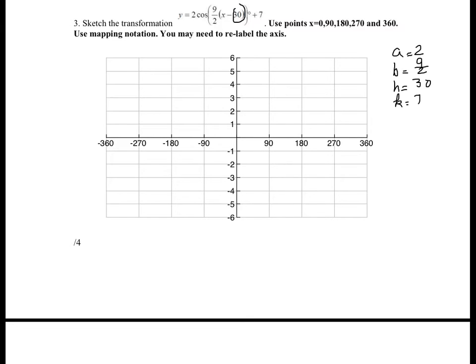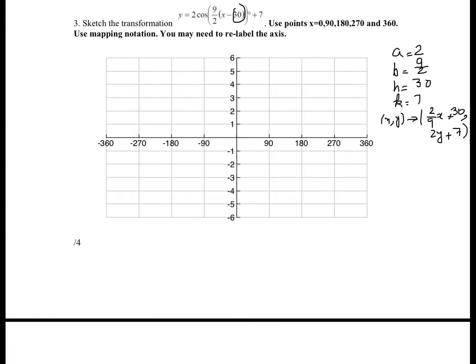This means that the mapping notation (x, y) becomes x over b, so x over 9/2 is 2/9 x, you flip it, plus h, plus 30, comma, y becomes a y, 2y plus k, which is 7. So this is our mapping notation.